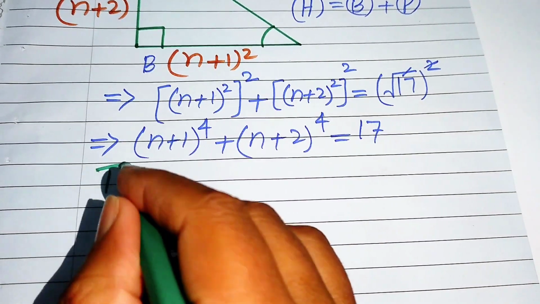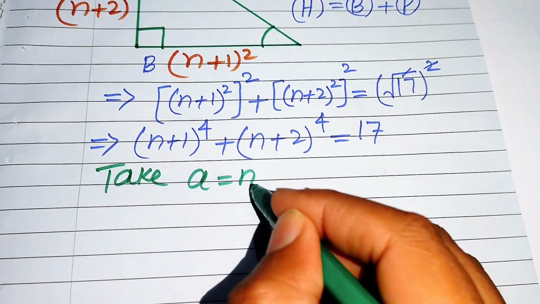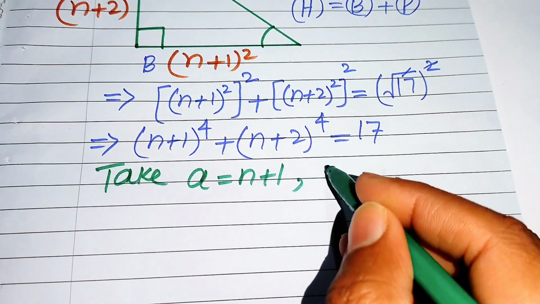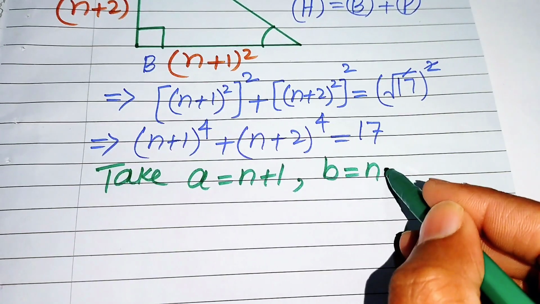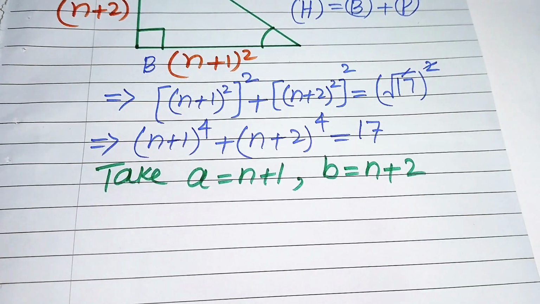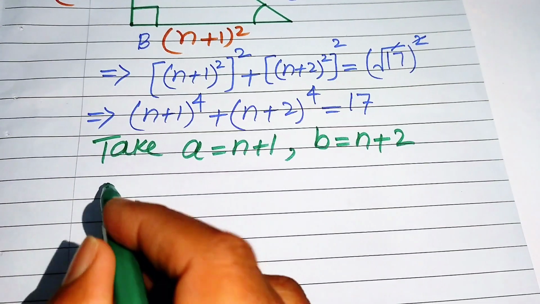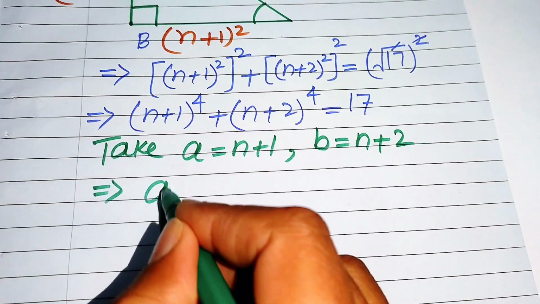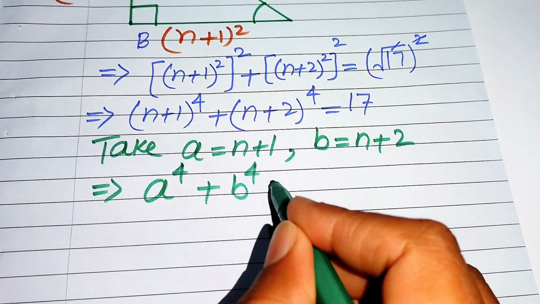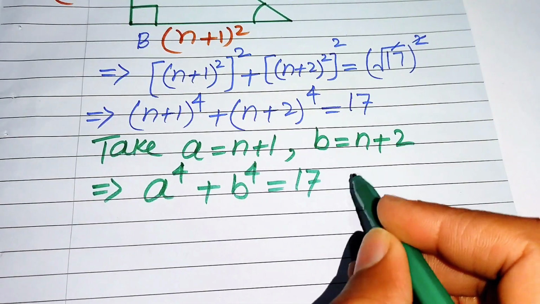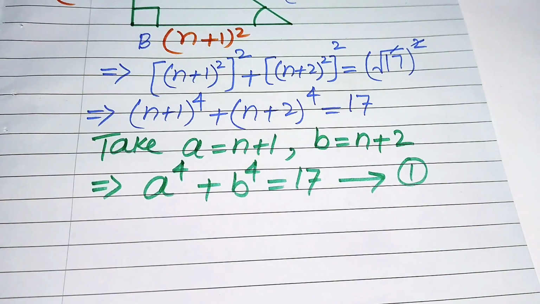Here we take a equals n plus 1 and b equals n plus 2. When we substitute these two values, we obtain a⁴ plus b⁴ equals 17, and we call this equation number 1.